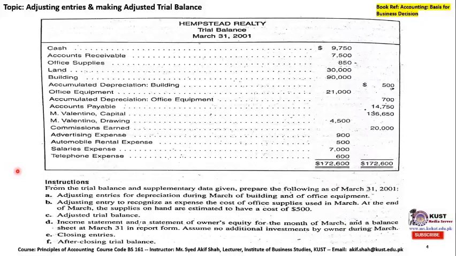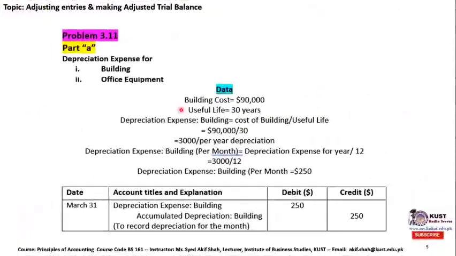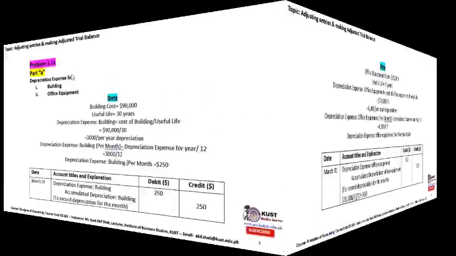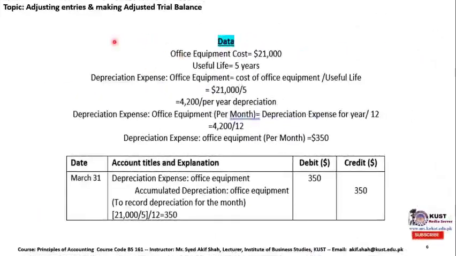Let me give you a quick overview. In the first part of the instruction, we made this adjusting entry for depreciation of building. Then in the same part A, the instructor was asking us to make another adjusting entry for office equipment, which we made and discussed in detail in the previous lecture.